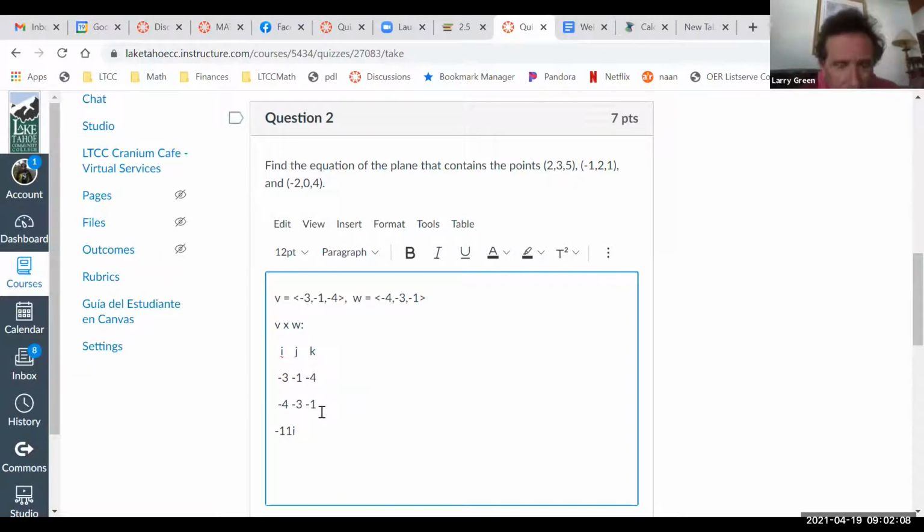You get 3 times 1 is 3, minus 16 is -13, but it's negative, so it's positive 13j. And now we take the k component. We get rid of the first row and third column. You get 9 minus 4 is 5, so plus 5k. Okay, and that's our n, our normal vector to the plane.